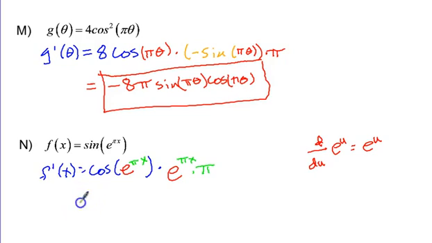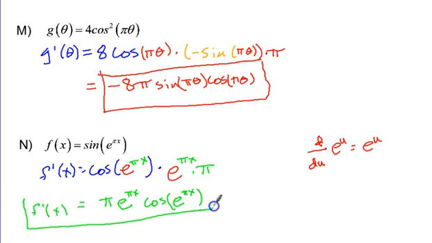And so this leaves me with pi times e to the pi x times cosine e to the pi x. All right, and that is it for example 3.